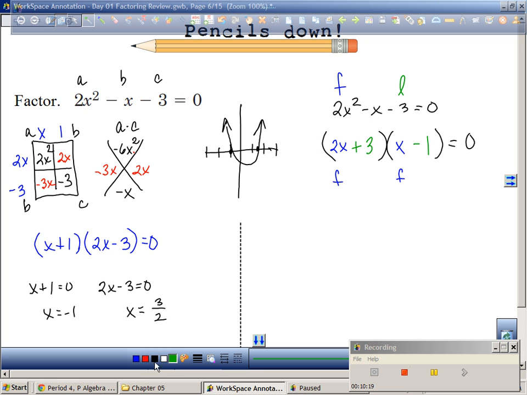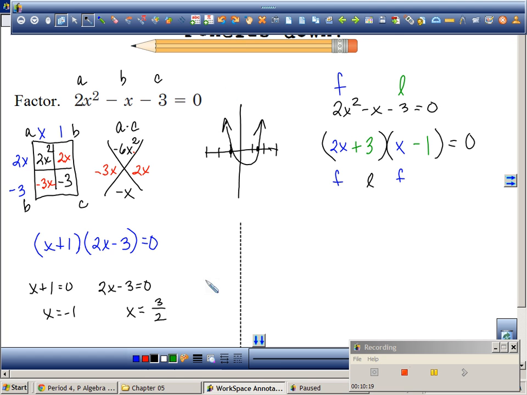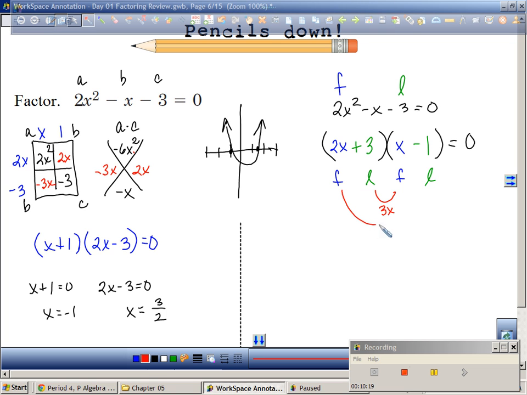So now I'm going to do my inner and my outer. My inner is, I forgot to put last. Here's my last. Okay, so my inner is 3x, and my outer is negative 2x.